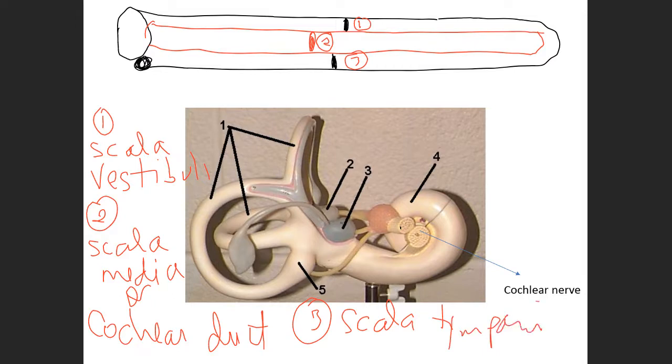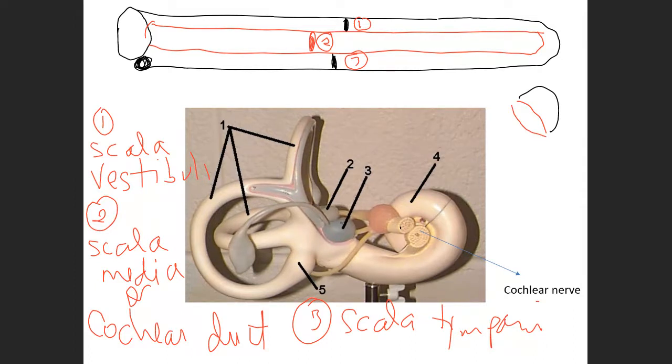Now, if you were to take this and roll it into a snail and then cut it, you're going to end up with many of these structures. Hard to draw like that.